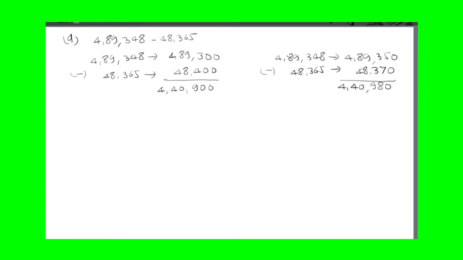Part 2 of the question is, five more such examples. So we give the examples. Example 1, nearest 100 and nearest tens.